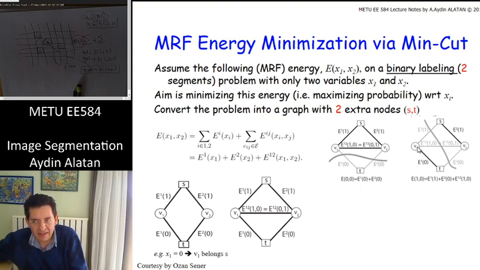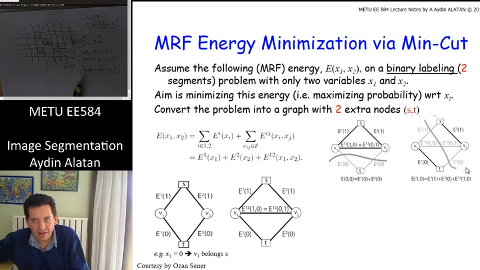Therefore, this belonging to T is written here as a cost, okay? And that belonging to here is written as a cost here. And since they belong to 2 different objects, object 1 and 2, there is a cost of being different, and that is written here.